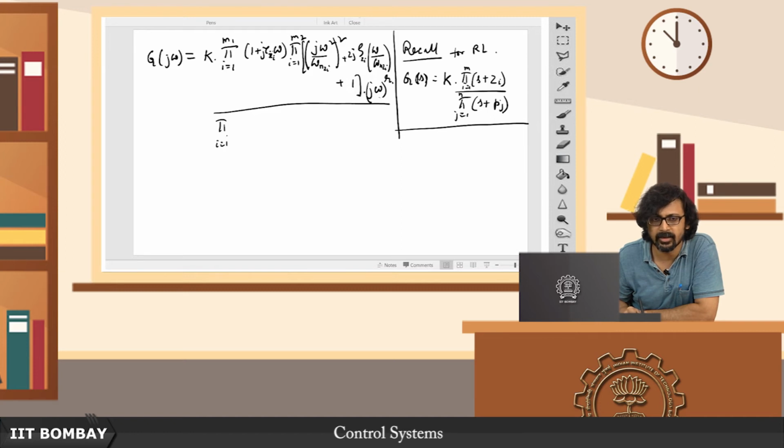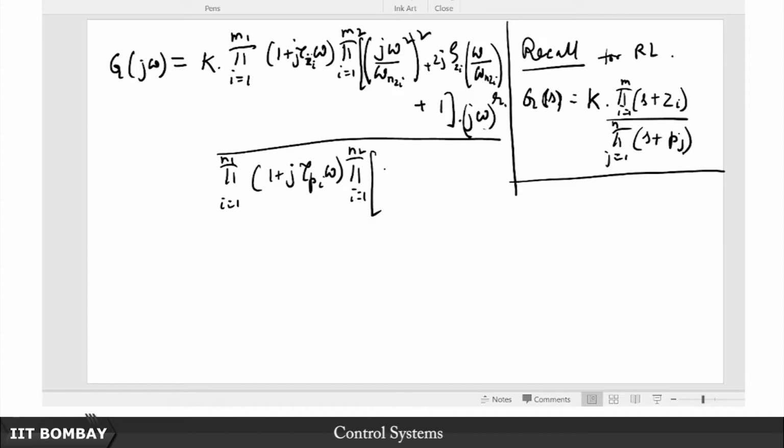So let me call this i varying from 1 to n1, 1 plus j tau pi omega, and i ranging from 1 through n2, and once again we have the same type of term, j omega, sorry, this is j omega squared, I put that square sign mistakenly inside.